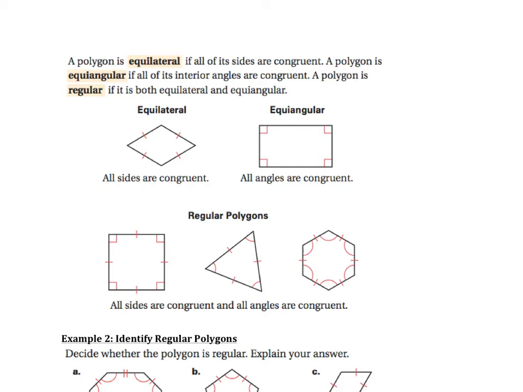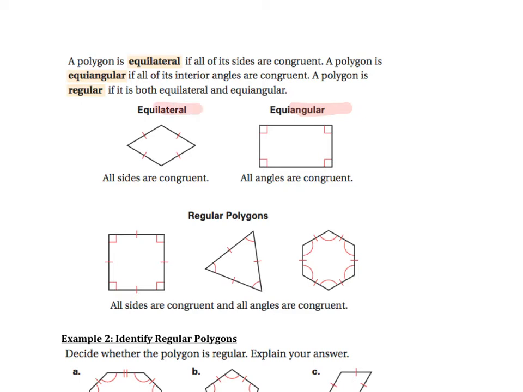When we classify, we can also classify polygons as equilateral, equiangular, or regular. Equiangular, as it says, is equal angles. Equi is equal, angular is angles: equal angles.